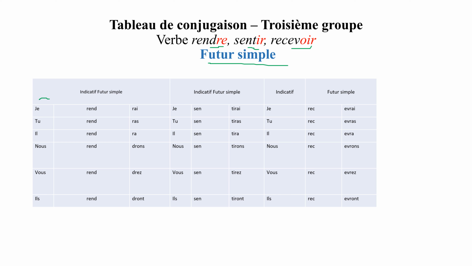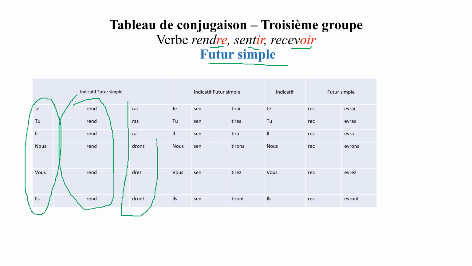And here you go. And finally, we're going to look at le futur simple of the verb rendre, sentir, et recevoir. Once again, I have prepared the formula for you. Here is your person. Here is your root. And here is your ending.